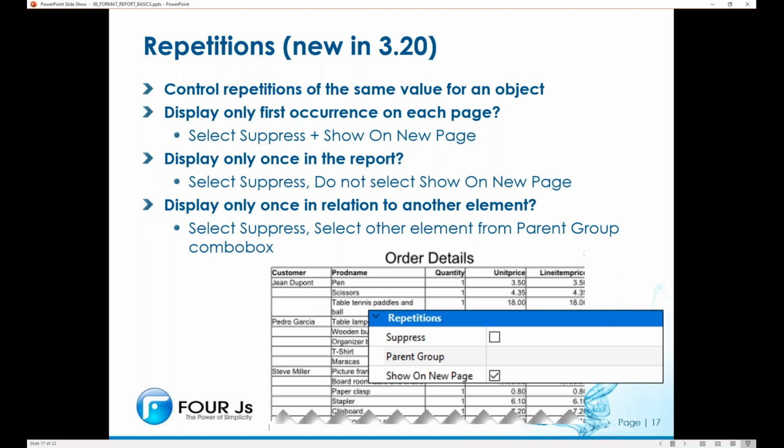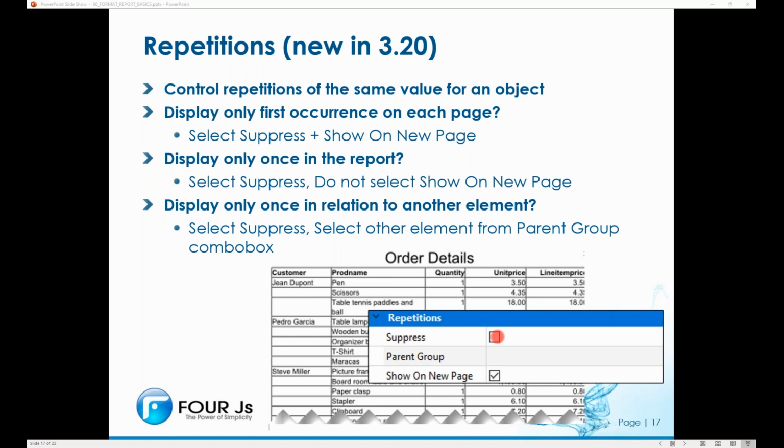I don't know if my image here maps to the repetitions thing that I grabbed from the screen, but if you only want the first occurrence to appear on each page, you're going to check suppress, and you're going to check show on each page. If I only want it to appear once in the report, I'm just going to click suppress.